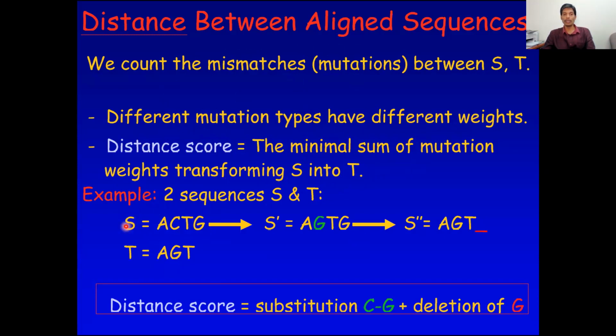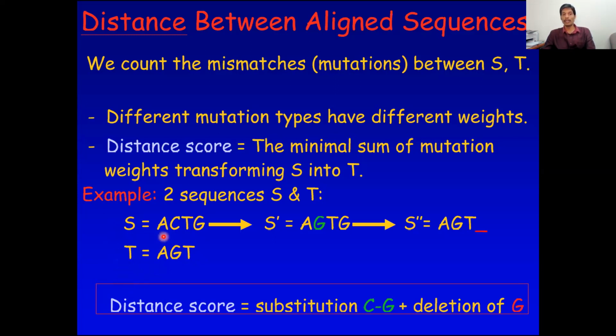S is ACTG and T is AGT. What is expected when you are aligning these two sequences? S becomes the T sequence during evolution. In how best a possible way does it become that, meaning with fewer steps.